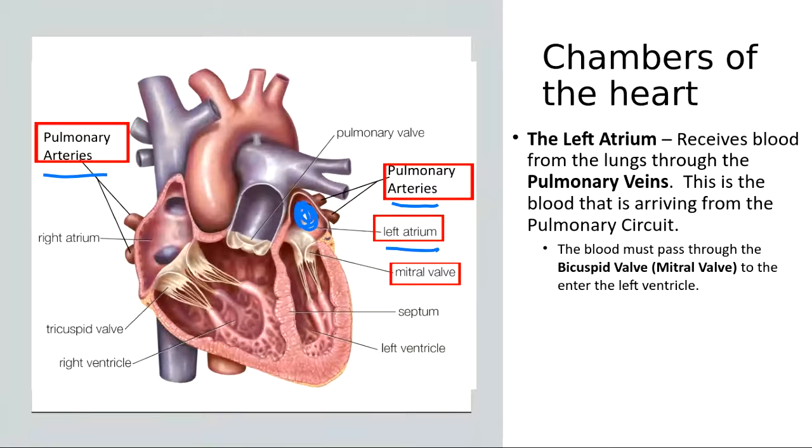So we have the blood entering the left atrium from these pulmonary veins. And before it enters the left ventricle, it must pass through this valve, which we call the bicuspid valve. You can also call it the mitral valve. But I prefer bicuspid because it sounds a lot like the tricuspid.